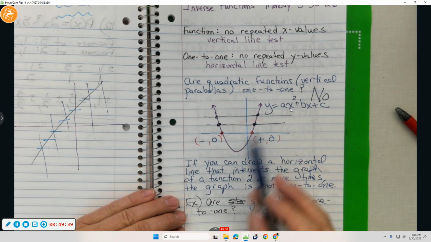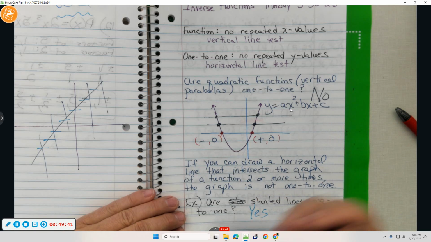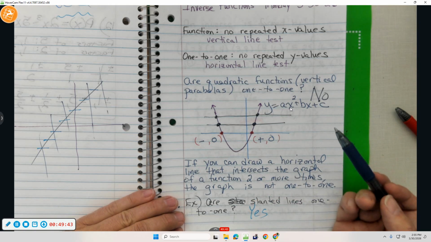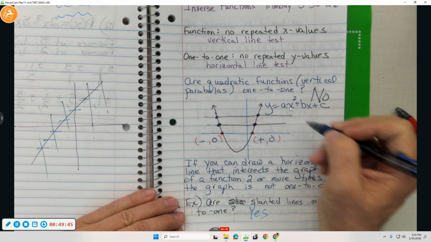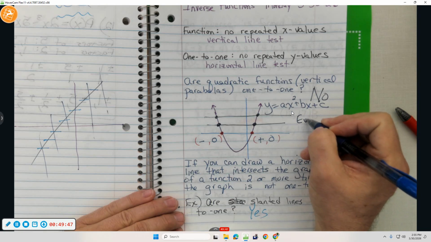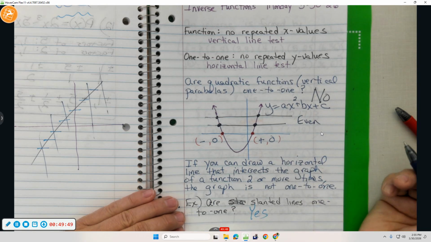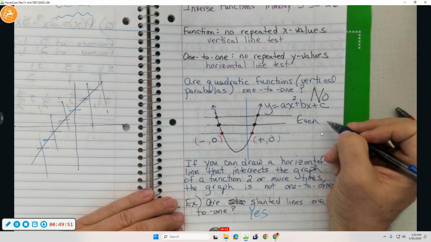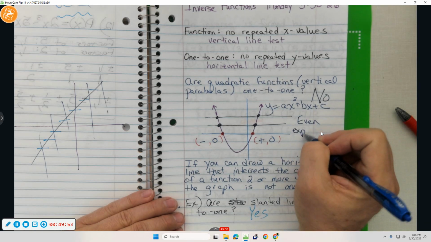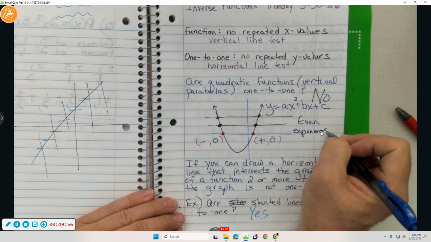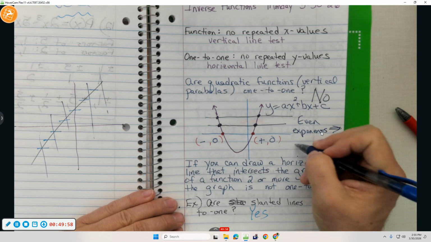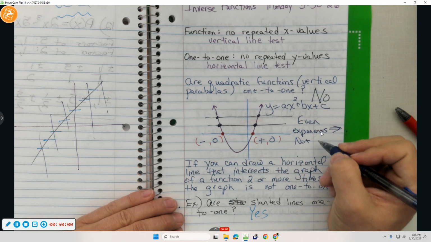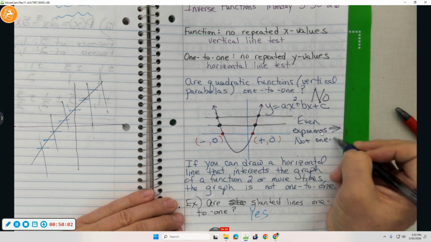Whether you plug in a positive 5 or a negative 5, when you square it, you're going to get a positive result. It's those even exponents that cause functions not to be one-to-one. Even exponents, you should expect the equation to be not one-to-one.